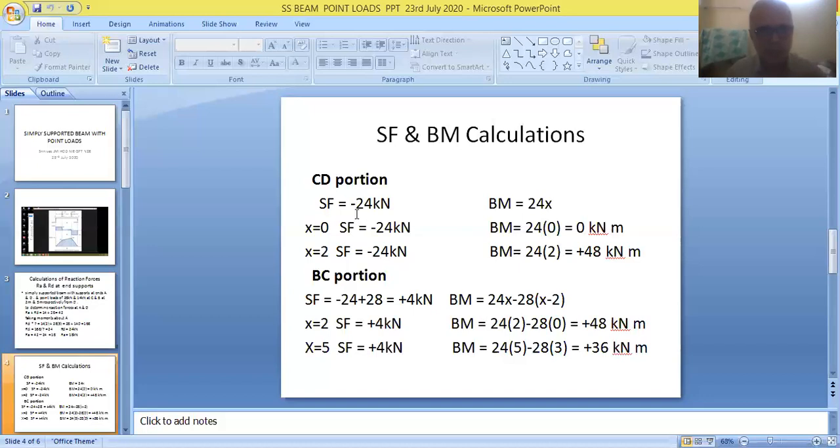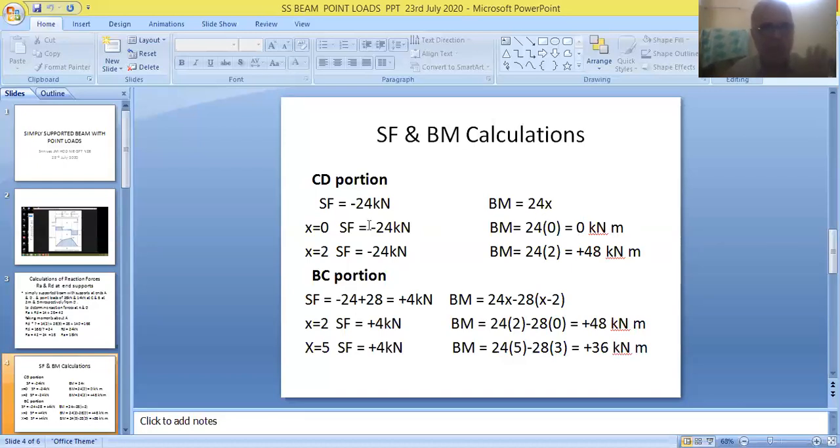Now it is acting at a distance of x meter from the section, so the bending moment is written as 24 into small x, kilonewton meter. The force is acting in the upward direction, so it will result in anti-clockwise moment. Therefore, we are giving a plus symbol for this anti-clockwise moment. So it is written as 24x.